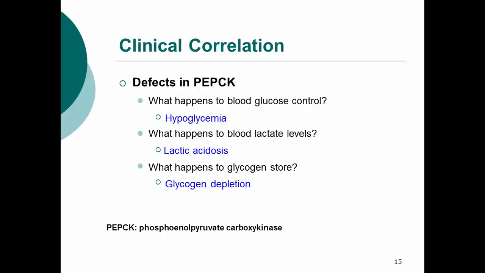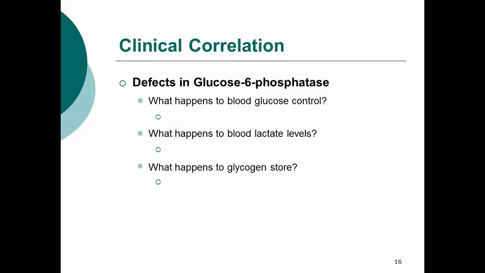Particularly for the glycogen store, whether it's causing glycogen depletion or glycogen accumulation depends on the two different enzymes. And if glucose 6-phosphatase is deficient, it will cause hypoglycemia, low glucose levels and higher lactate levels, but cause glycogen accumulation.